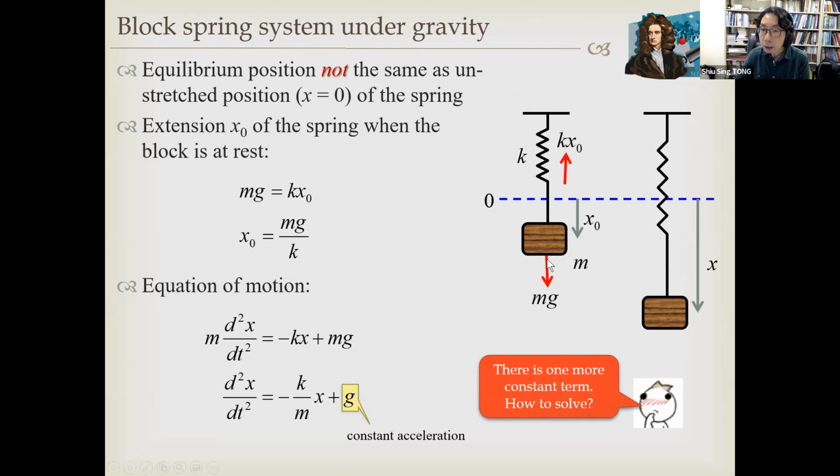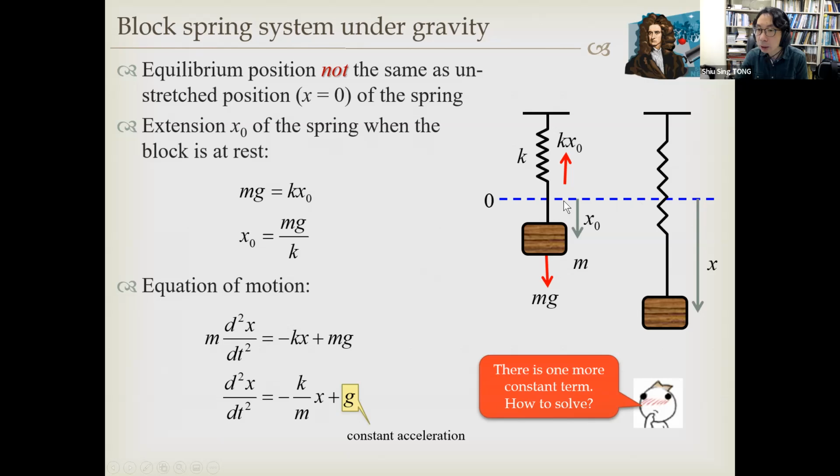Now under the force of gravity, what will change? The first thing is the initial position. Even without oscillation, the spring is stretched by a small amount due to the weight of the object. So how much is the stretch?